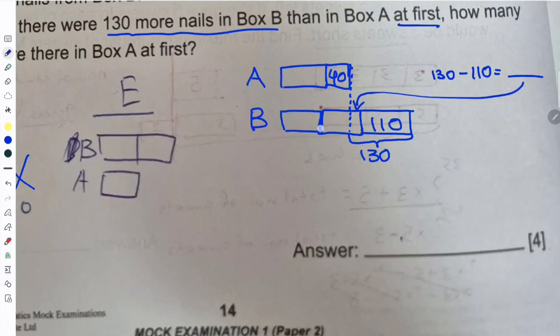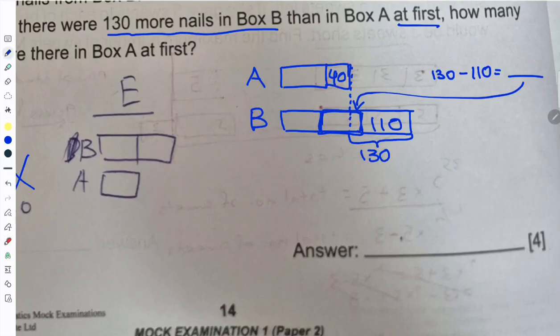Then you will know, so this is 1 unit, this is 1 unit, this is 2 units. In case you didn't get me, this 1 unit is actually equal to this extra little part that you calculate over here plus this 40.